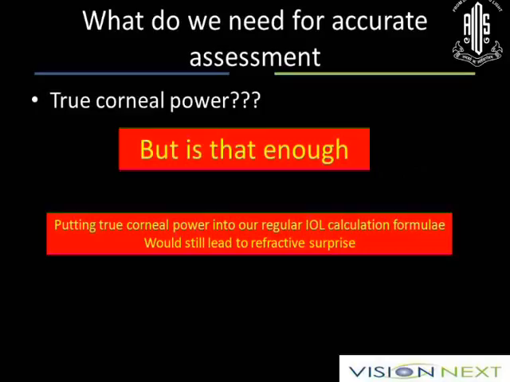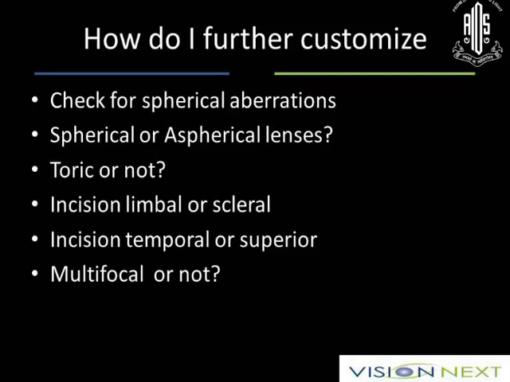So we know that true corneal power is not the only thing that's required. We require the K values to adjust the effective lens position and to get an exact IOL power calculation. So what do I do in these cases further? Now we know that as per the earlier discussion, we have the K values, we have the effective lens position calculation.